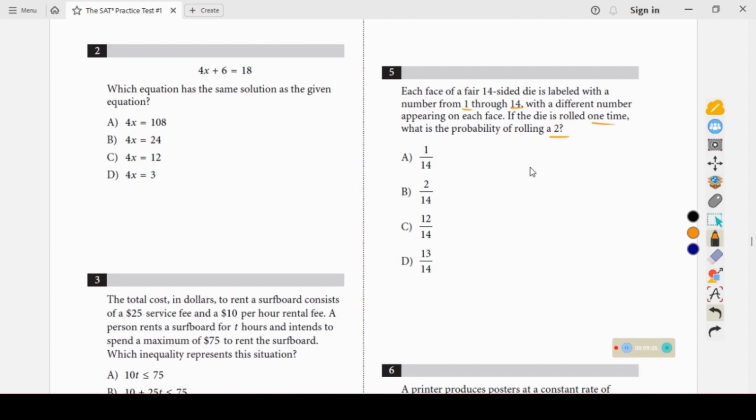Since there is only one face which has the number 2 and the die is rolled one time, the favorable outcome is 1, out of how many options? 14 options, from 1 to 14, and only one side contains 2. So the probability is 1 by 14. This is the right answer.